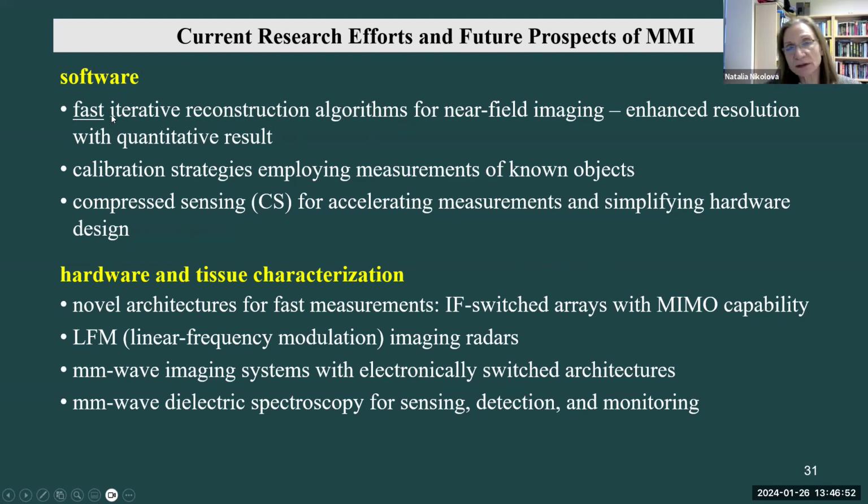Be it iterative or non-iterative, it is critical in biomedical imaging to produce the images fast. At the same time, we would like to have enhanced resolution and quantitative results. In other words, it would be good to know what is the permittivity and the effective conductivity, because this directly relates to the malignancies of tissues.